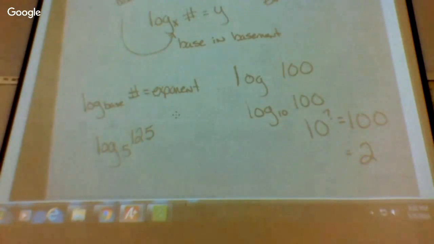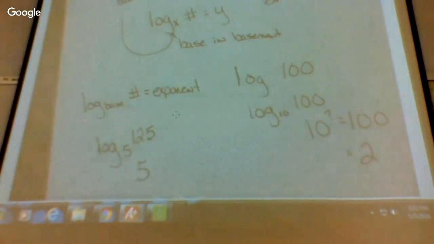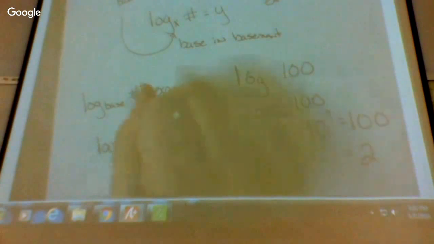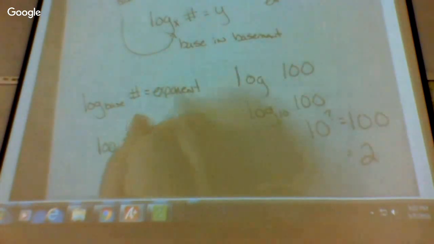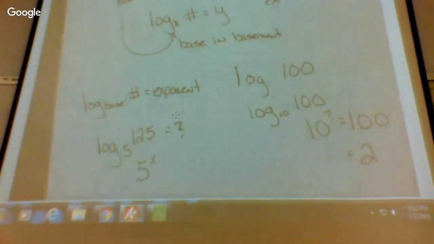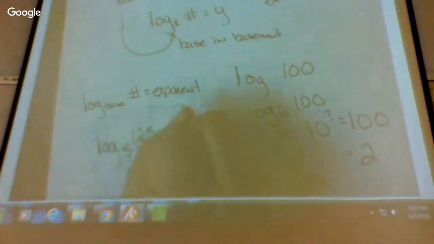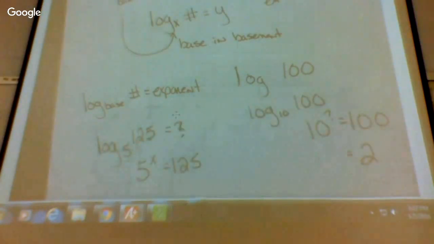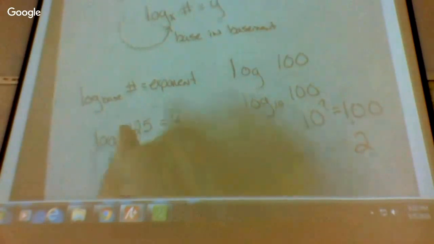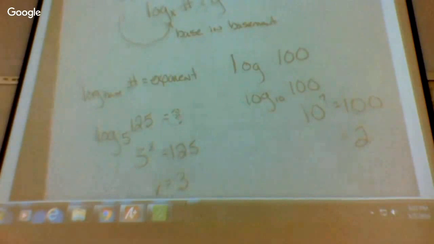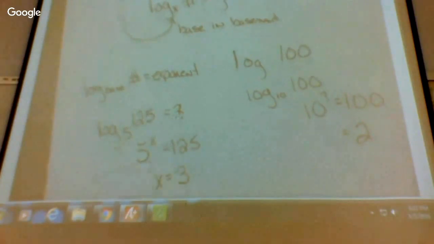What's my base? 5. What's my exponent? Do I know? We're equaling some crazy number, right? That we don't know. So 5 to what power? We'll say x. 5 to the power x equals 125. Well, you could sit there and play with it for a minute and realize that 5 to the power of 3 is 125. So you just solved for this by switching to exponential form.